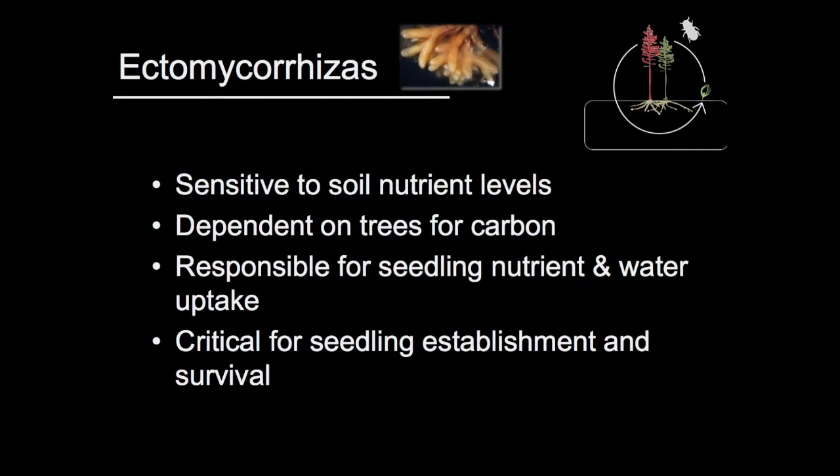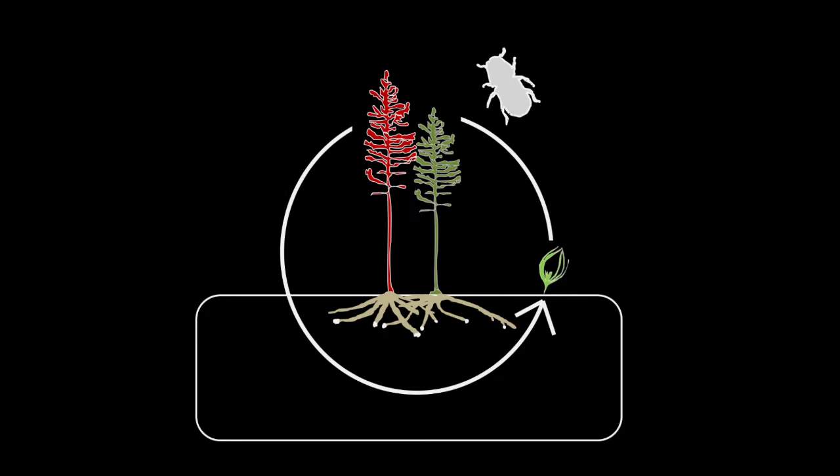We also know that ectomycorrhizas are really important for seedling nutrient and water uptake, and they're critical for seedling survival and establishment. As I mentioned, ectomycorrhizal fungi are sensitive to nutrient inputs and carbon inputs, and both of these in this system are governed by overstory trees.